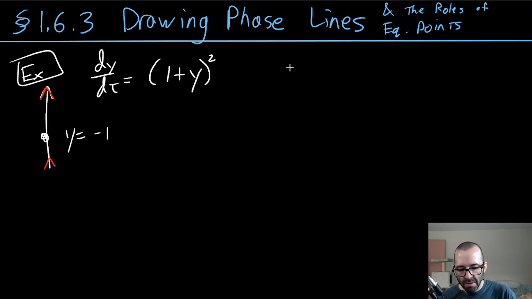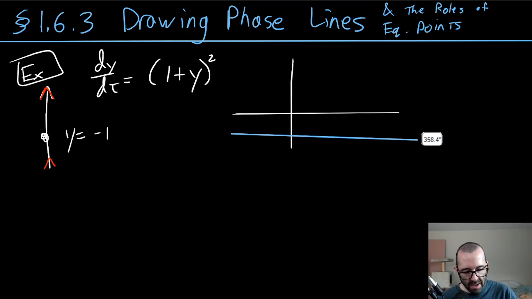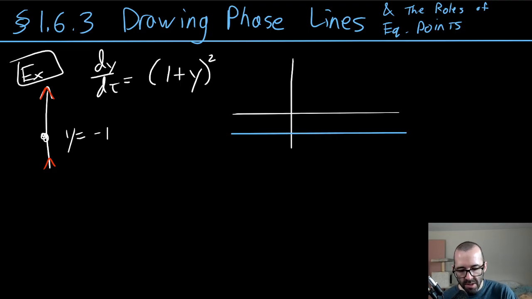And when you go through and find all your sketches, you're going to get something pretty interesting. Specifically, you're going to have the equilibrium solution of y equals -1. And you're going to have many, many solutions that essentially are shooting off to infinity, and they have vertical asymptotes.